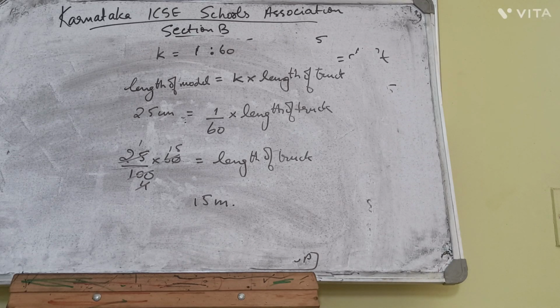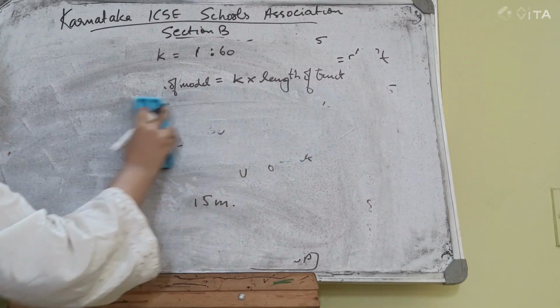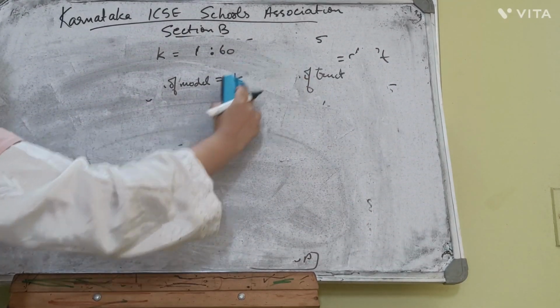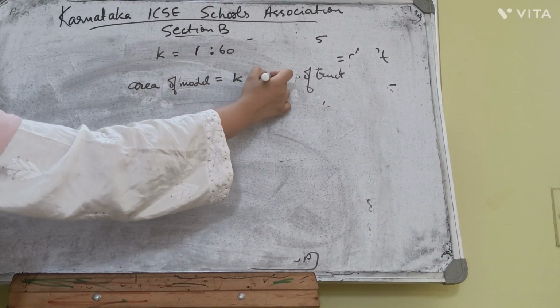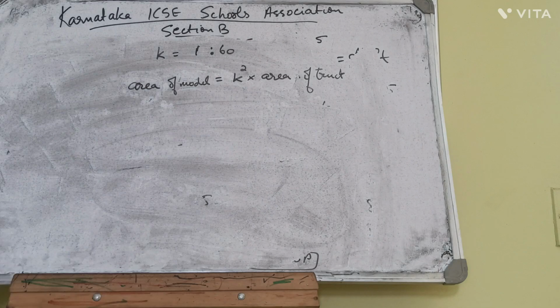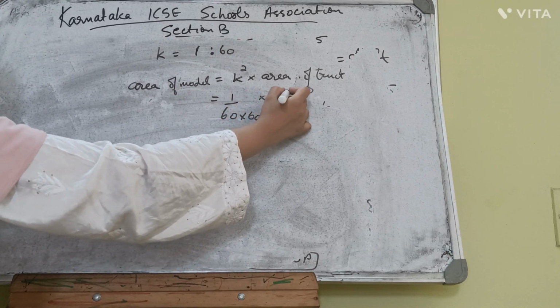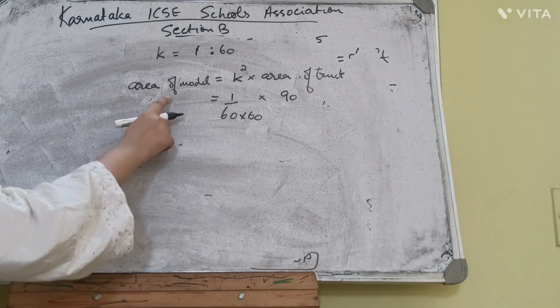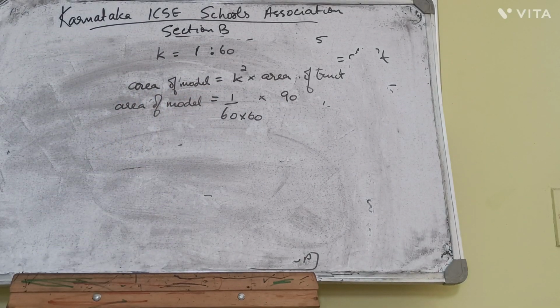That's your first answer. The second sub question says, if the open area of loading the truck is 90 meter square, find the area of the model in centimeter square. Area of model is K square into area of the truck. Here area of the truck is given as 90 meter square and we have to find area of the model.